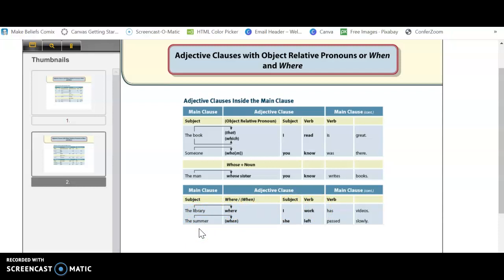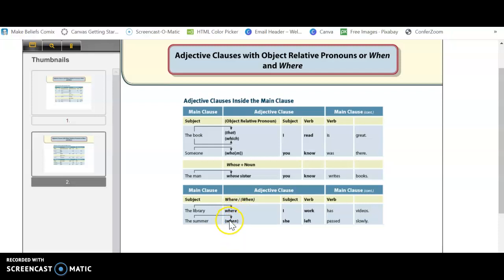Summer is a time, so we have to use when with that, but look at the original sentence. The summer passed slowly, and the second sentence said she left that summer. So in order to describe that summer, right, we're going to say the summer, and then we're going to use that object and create an object relative pronoun because it talks about the time.